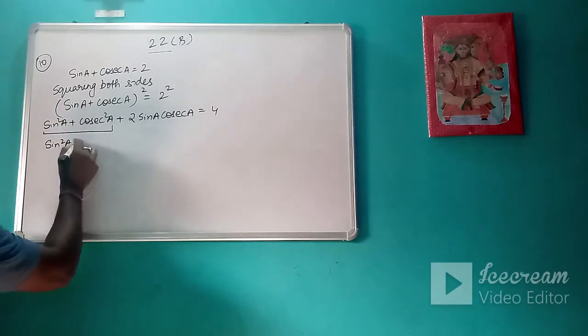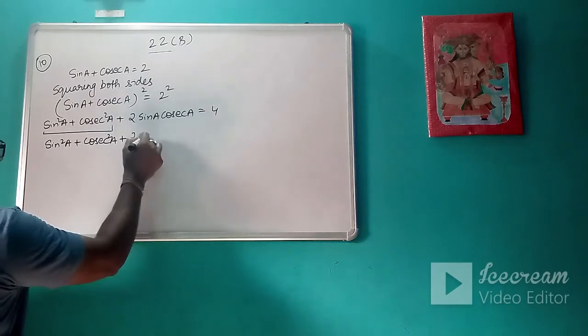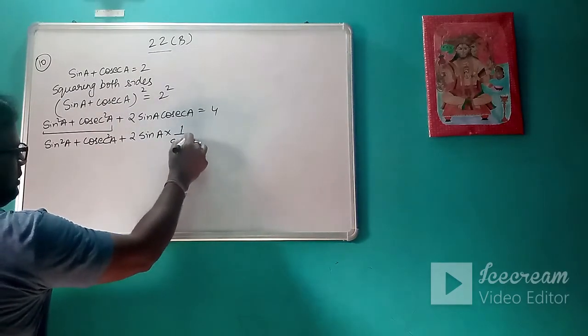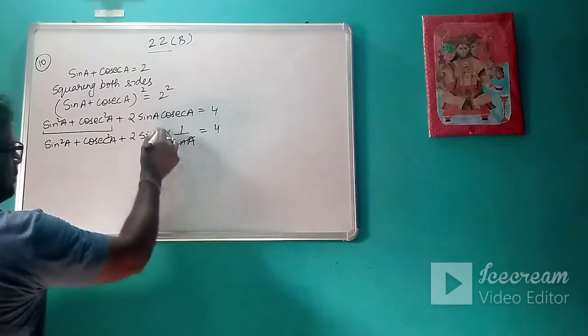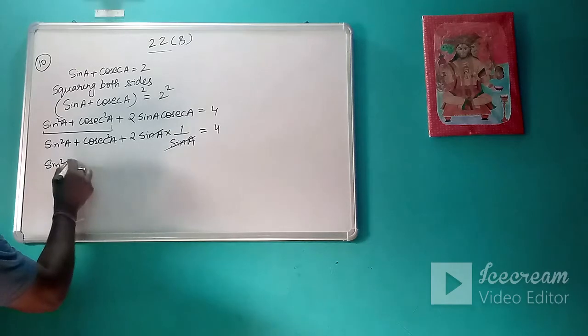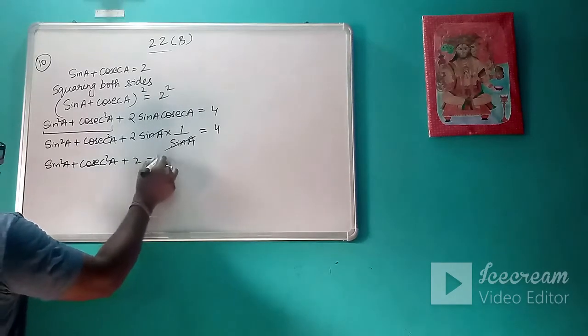Now, when I started the chapter, I told you one thing, that cosec is actually the reciprocal of sine. So we can write it like this, and these two will cancel. You will get sin square A plus cosec square A plus 2 equals 4.